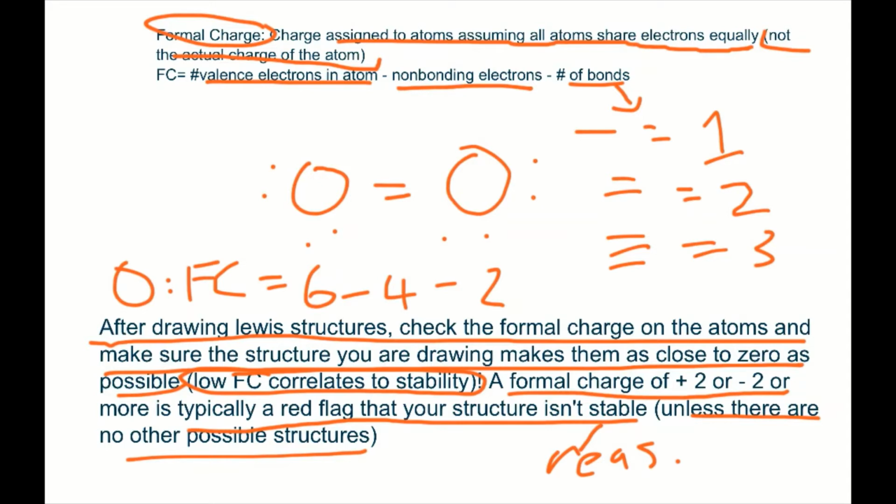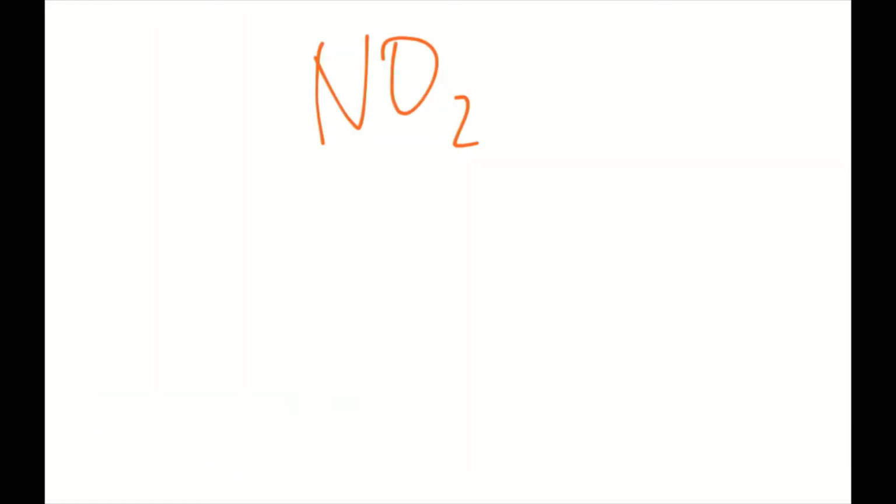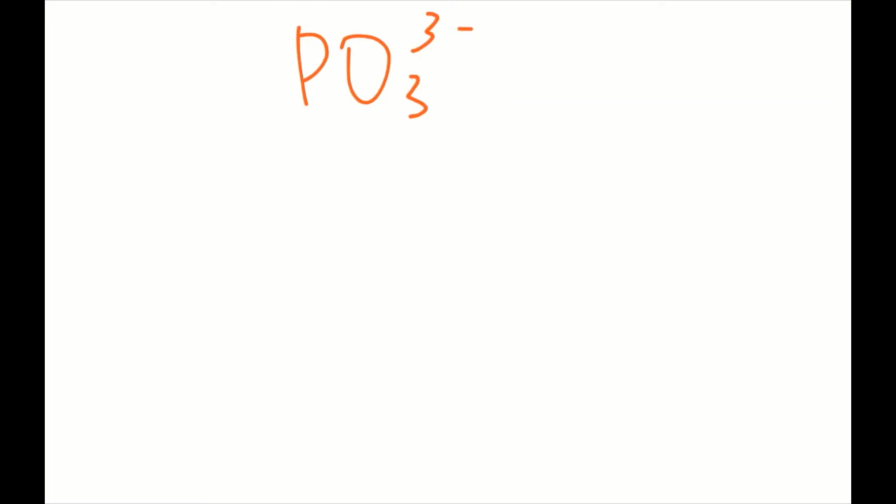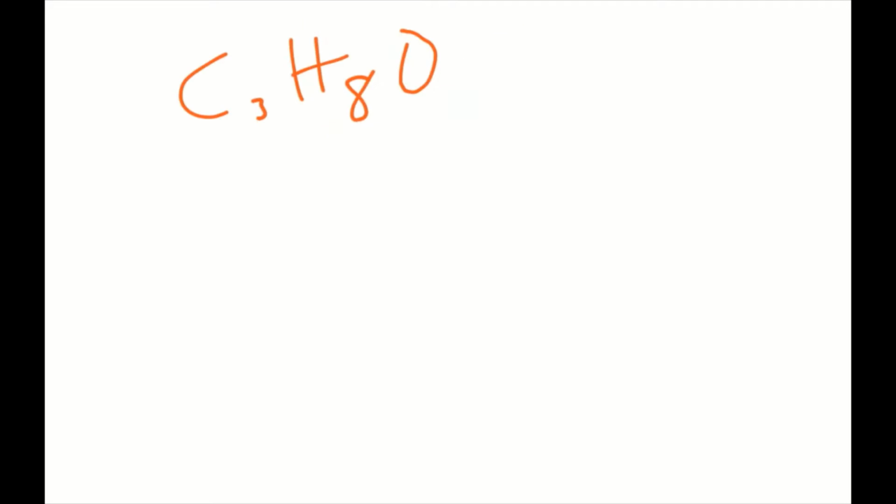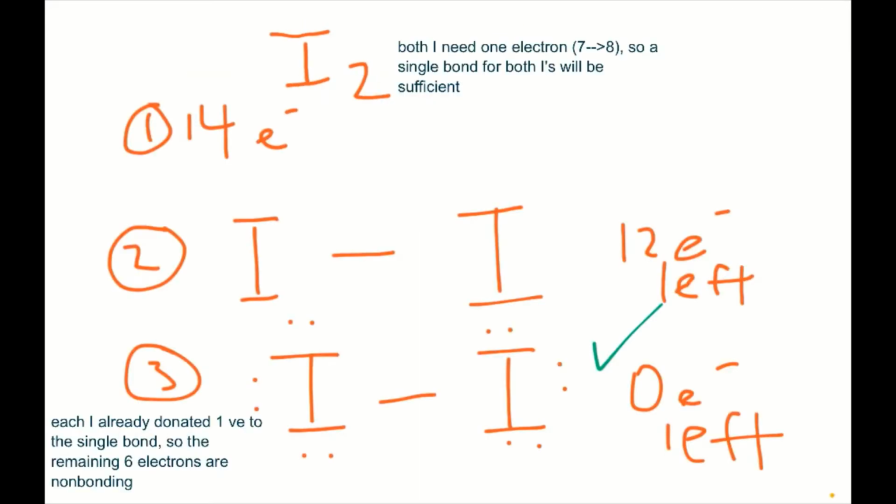If you can, and you have a really high formal charge, then I suggest that you change up the structure and do some creative things to lower the formal charge, and make sure that you're following the rules from steps 1 through 5, unless it is not possible to follow those rules. And that's really rare. So just follow the rules from steps 1 through 5 and the step about formal charge, and you should be good.